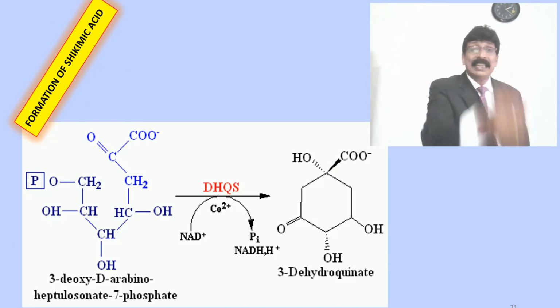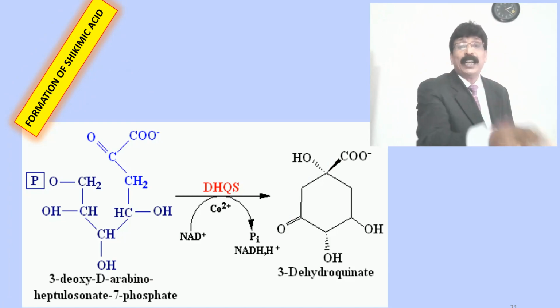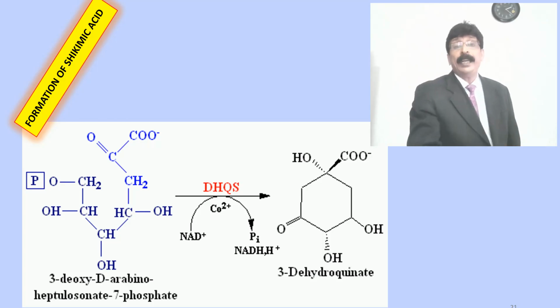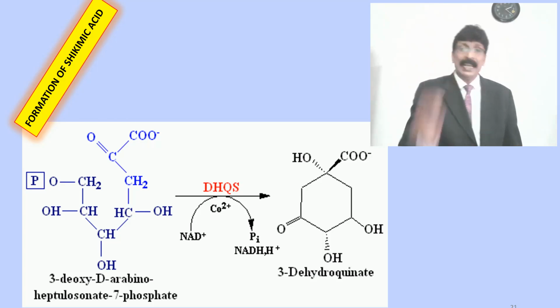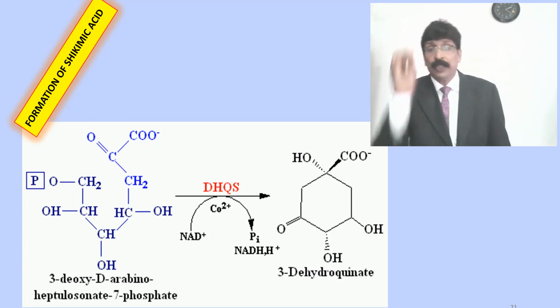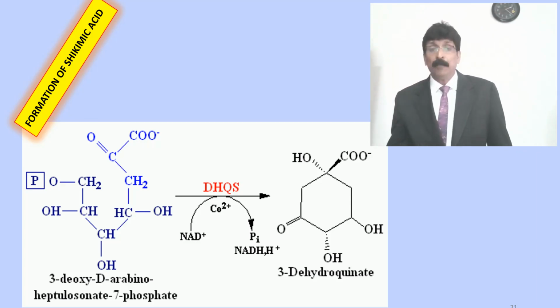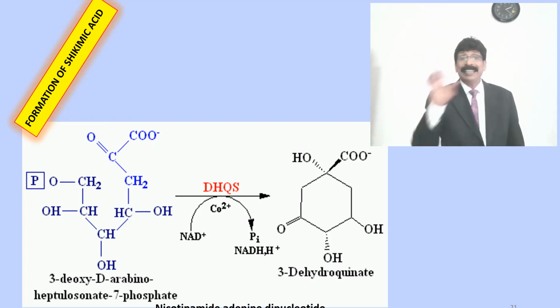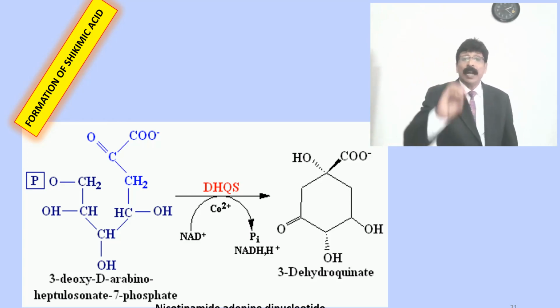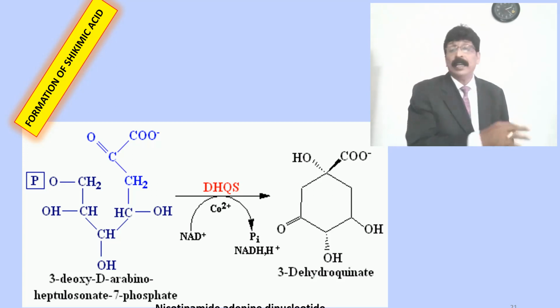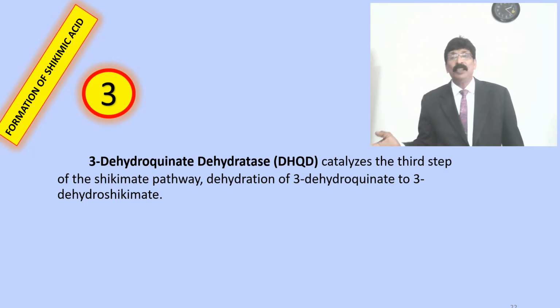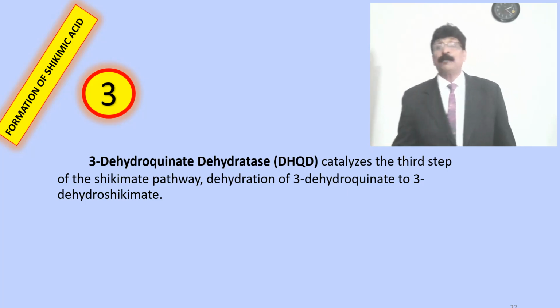The 7 carbon compound has its phosphate removed by dehydroquinate synthetase. DAHP is converted into 3-dehydroquinate by dehydroquinate synthetase, with NAD, nicotinamide adenine dinucleotide, and the reaction takes place in the presence of cobalt. Now you can get the third enzyme responsible for our reaction.